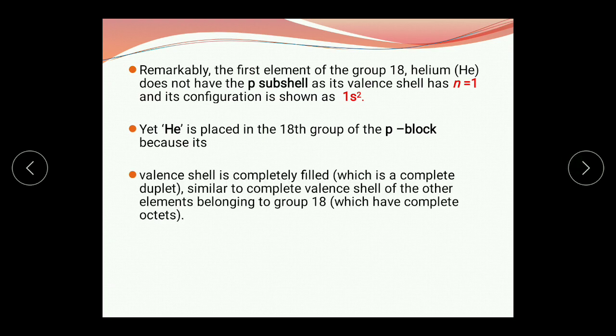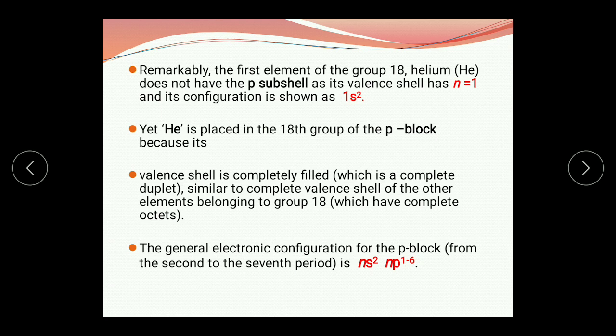Now, the group 18 elements have completed electronic configuration, or their valence shell is completely filled with 8 electrons, or we can say the octet is complete.